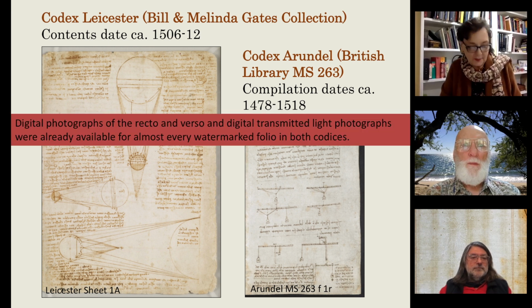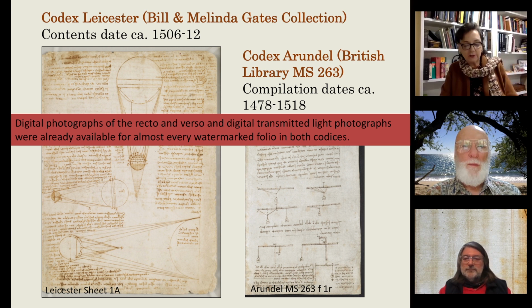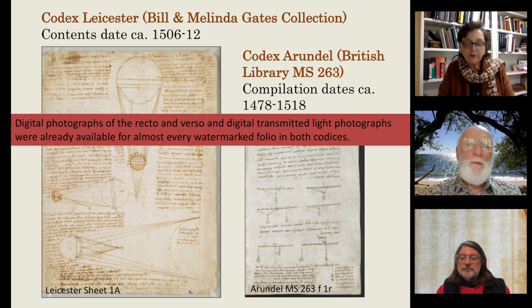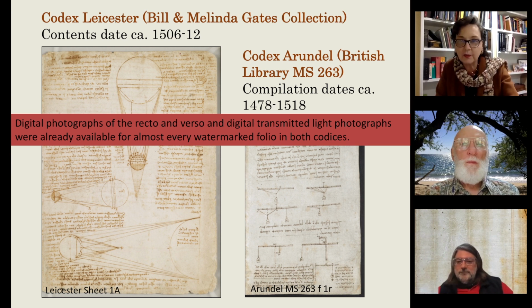The first is purely pragmatic. Photographs of the recto and verso and transmitted light photographs were already available for almost every watermark paper in both notebooks, and we are very grateful to have been granted access to these digital images, without which our research would not have been possible.